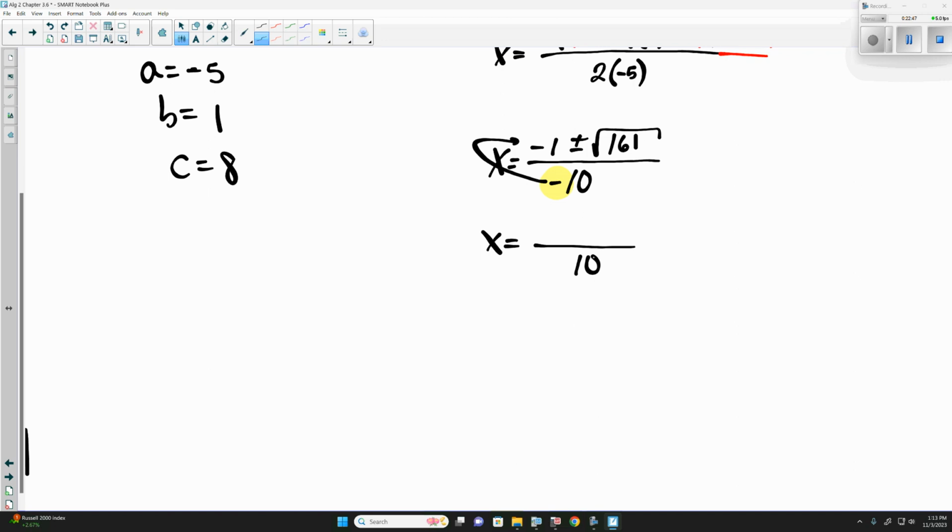Because when we apply it to the entire numerator, we're changing the signs of the entire numerator. So instead of negative 1, we have positive 1. We'll still have the square root of 161 because that didn't simplify. But the plus or minus, well, the plus in this case is going to become minus, and the minus is going to become plus.